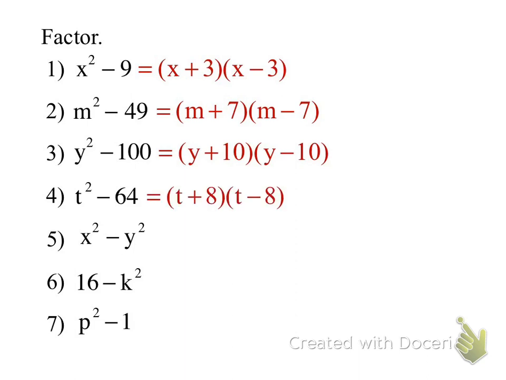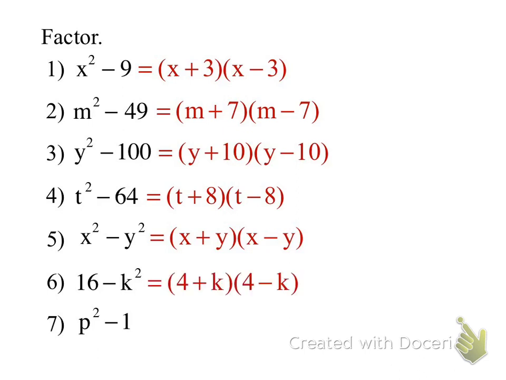Number 5, Michael. x plus y times x minus y. Okay, number 6, Sean. 4 minus k times 4 plus k. Perfect. Next one. b plus 1, b minus 1. Perfect.